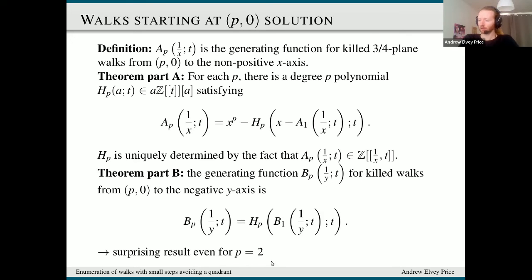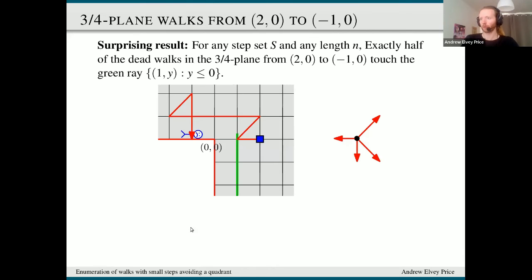In particular, even just for p equals 2, we get this surprising result. We take any step set, and we consider walks starting at (2, 0), ending at (-1, 0), which only touch the red line at their final point. It turns out that the result on the last page implies that exactly half of these walks will pass through this green line.